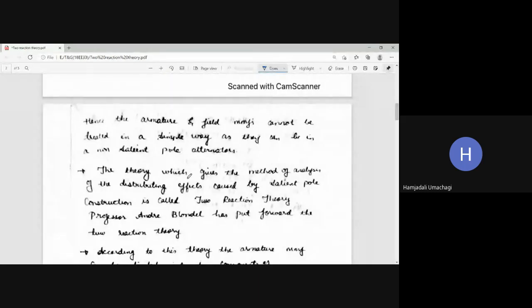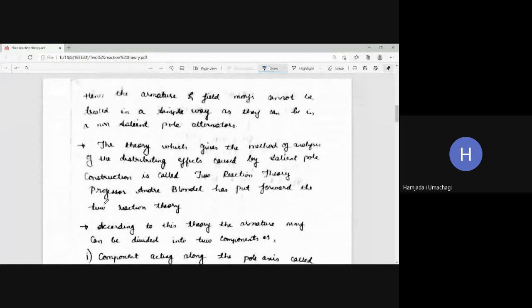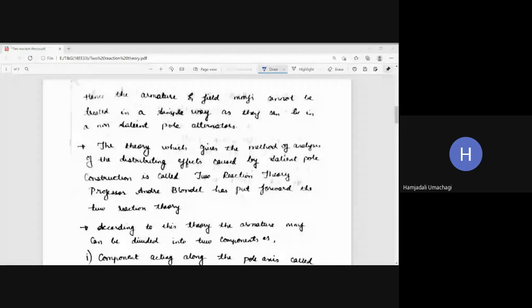The theory which analyses the distributing effects, meaning how the armature flux is distributed because of the salient pole construction, is called two-reaction theory. Professor Andre Blondel has put forward the two-reaction theory.